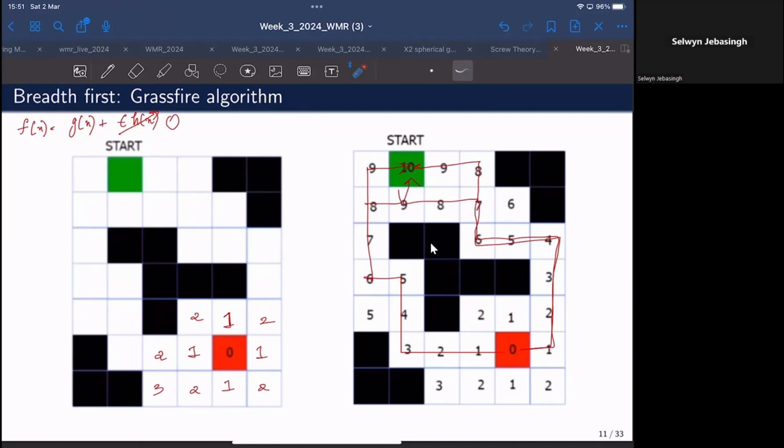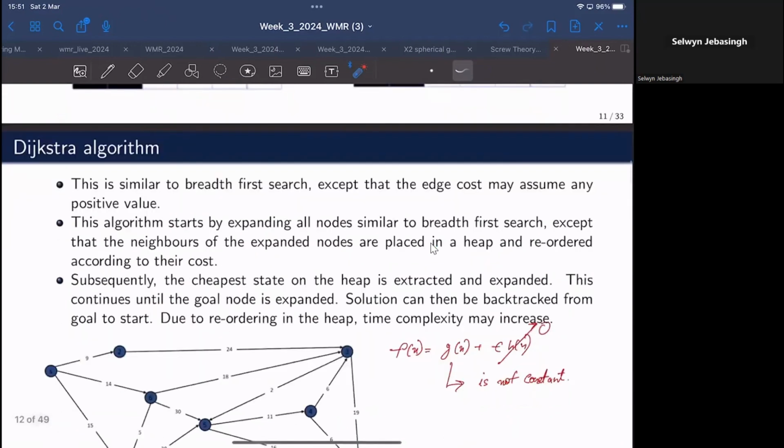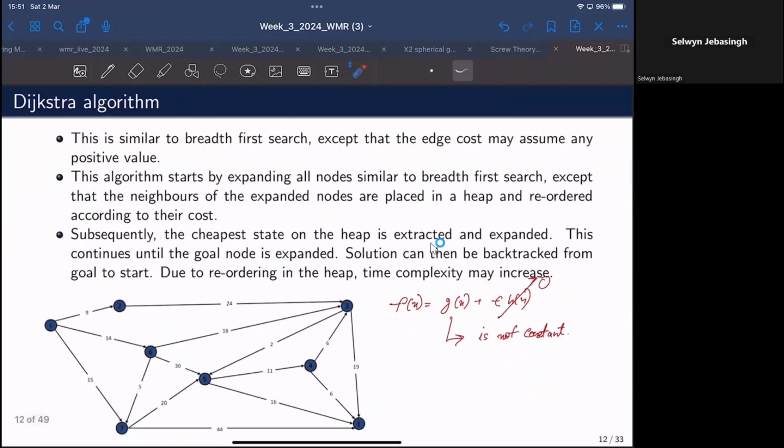So the path cost is essentially constant for grassfire algorithm. Whereas in case of Dijkstra, it's not a constant. For example, the cost of moving from a start node here to node 2 depicted here is 9 units, whereas the cost of moving from the start node here to node 6 is 14 units. So this path cost or edge cost is no longer constant for Dijkstra algorithm.